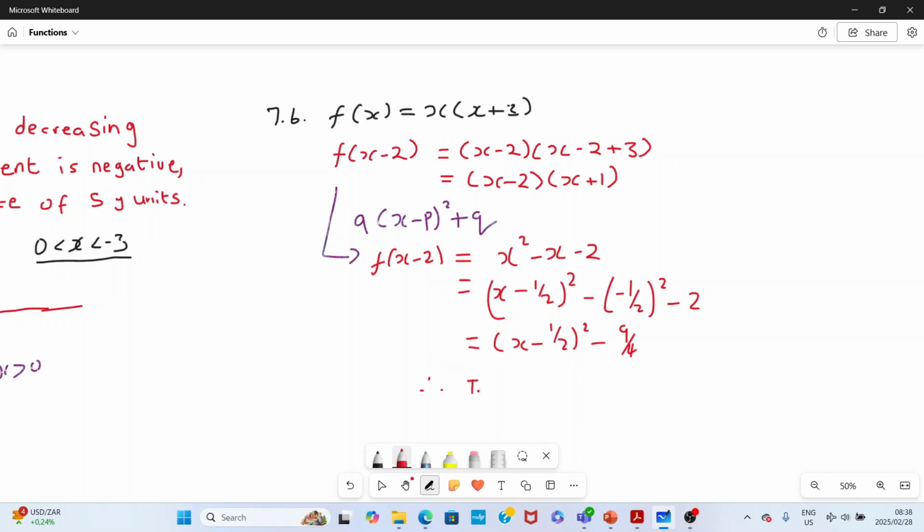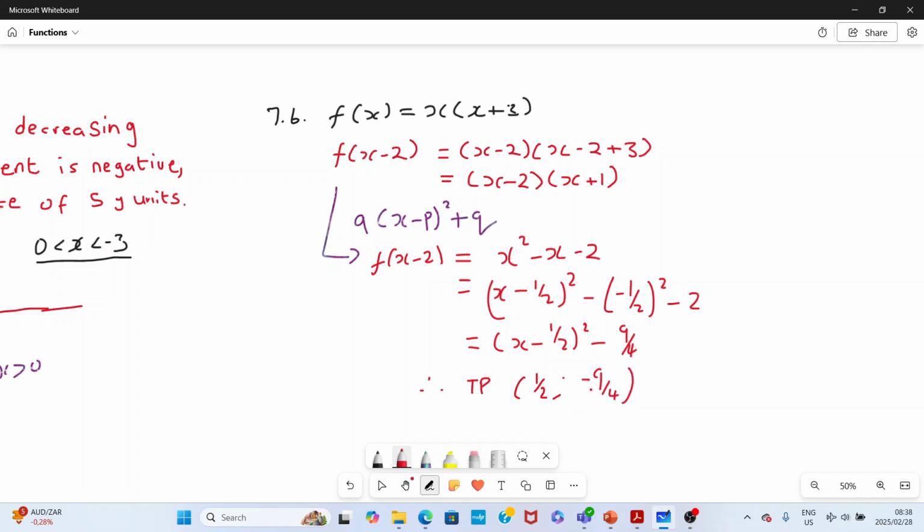From this we can tell that our turning point will be the opposite of this value, which gives us 1 over 2 and minus 9 over 4.